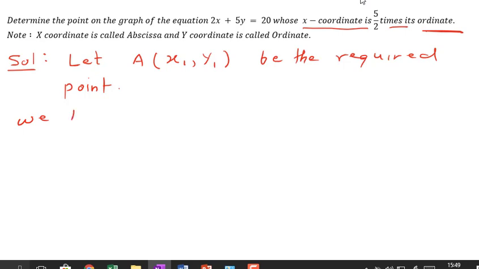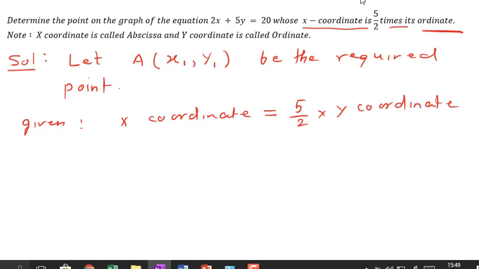So, what is given? It is given that the x coordinate is 5 upon 2 times the y coordinate.